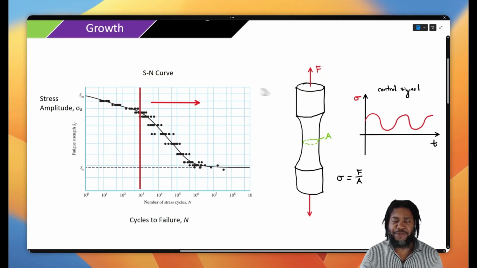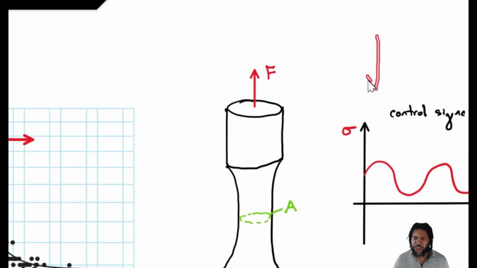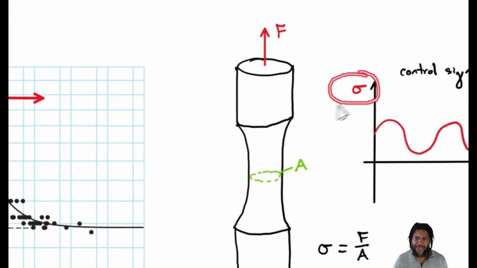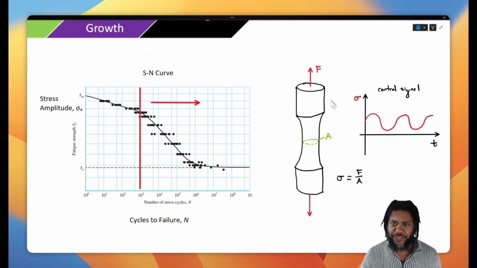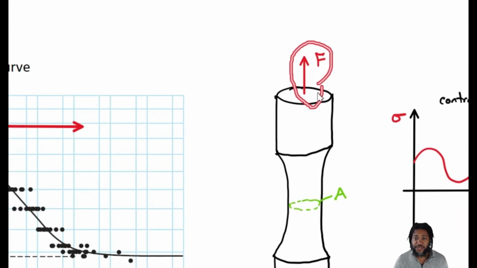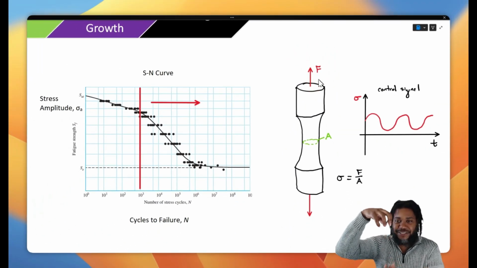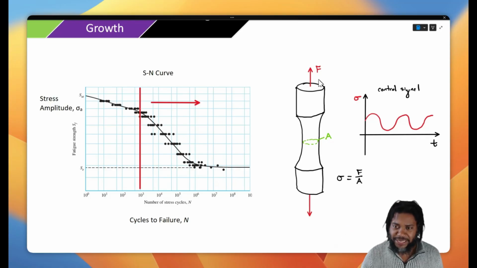Well, in the stress life approach, when we run an experiment, we are controlling by the calculated stress in the center of our sample. That calculated stress comes from force that we apply to the ends of the samples. And so we're just cycling that force to a calculated max and min stress until we get to the cycles to failure.